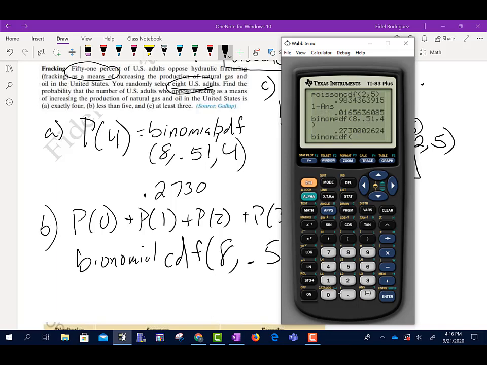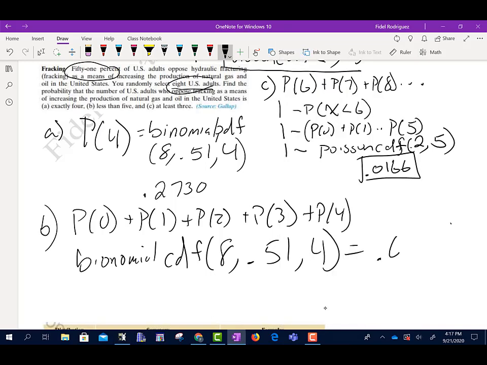Enter. And I'm going to go 8, comma, 0.51, comma, 4. And I'm coming up with 0.6146. And then part C says at least 3.